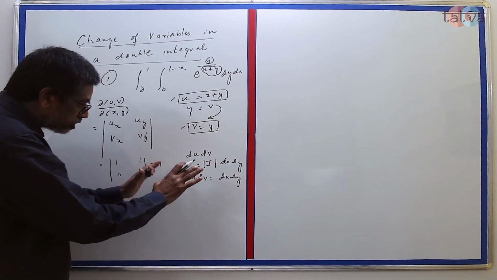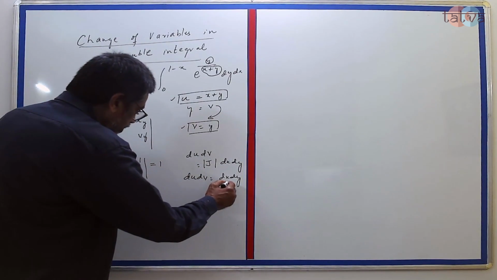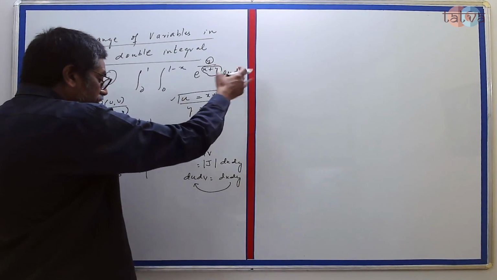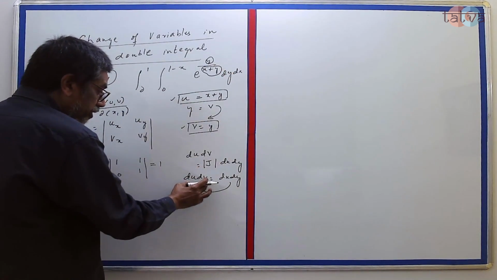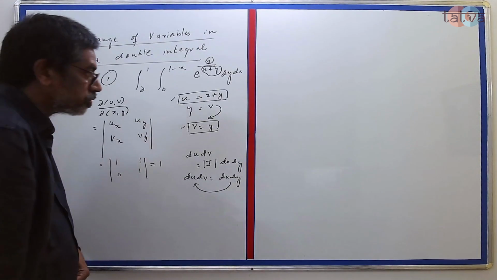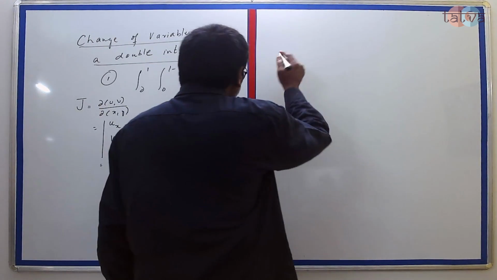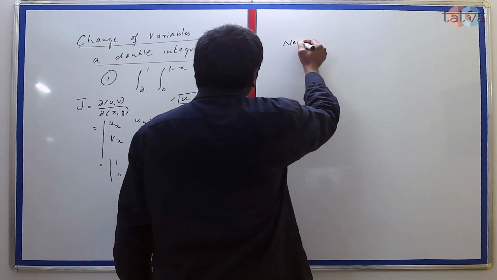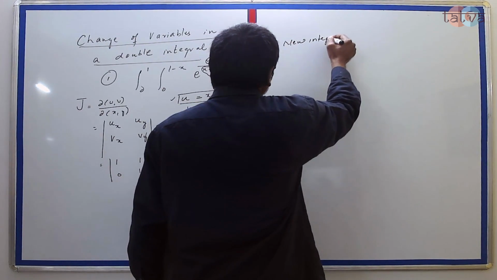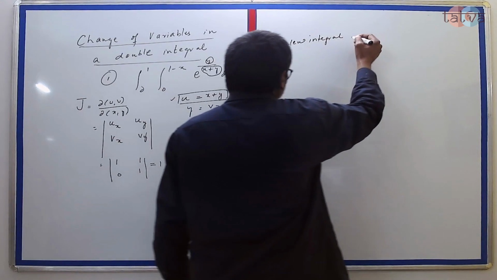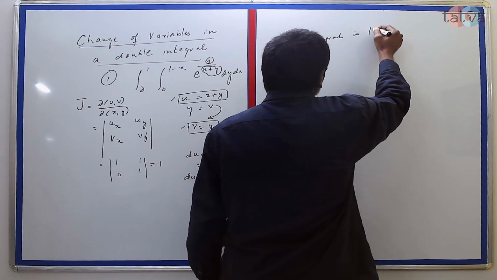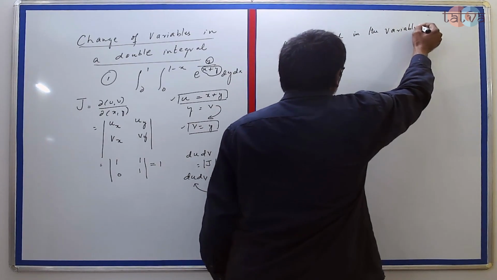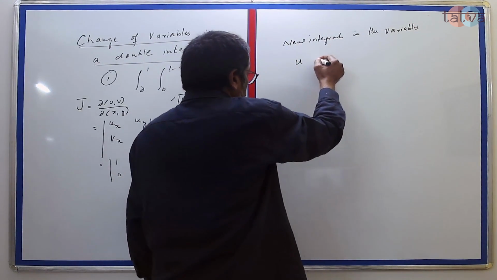But how am I going to use this knowledge? The knowledge is to replace dx dy, or dy dx, in the original problem with du dv. So I will get some new integral in the variables u and v.